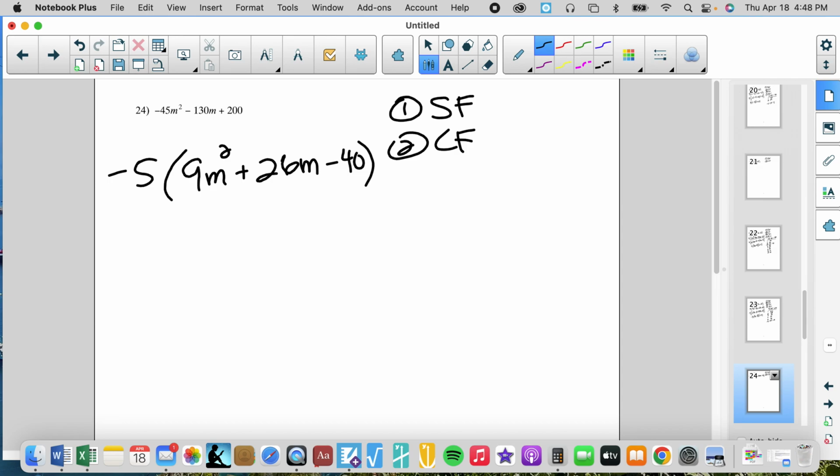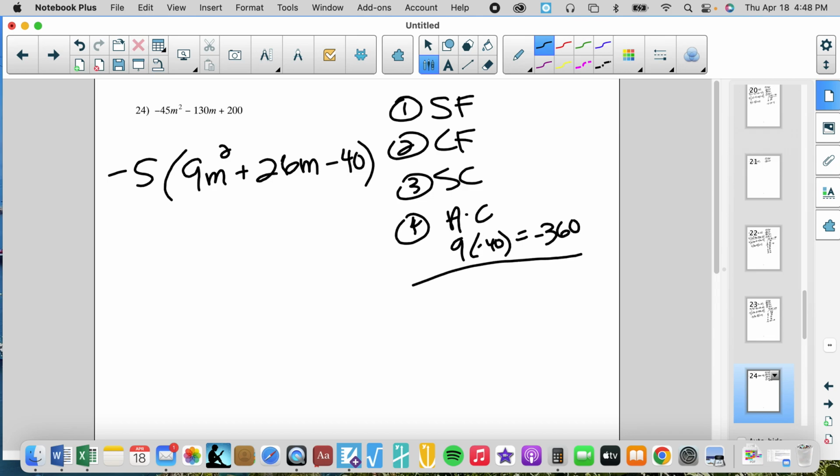Close on that perfect square again. Special case, no. A times c, 9 times negative 40 equals negative 360. Too bad we can't cut and paste these factor pairs because I feel like I've done them.